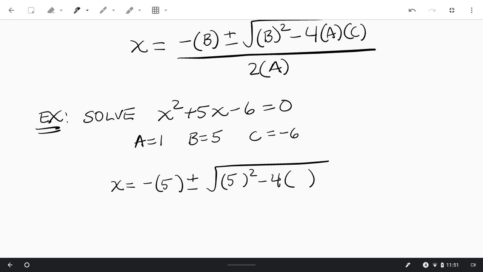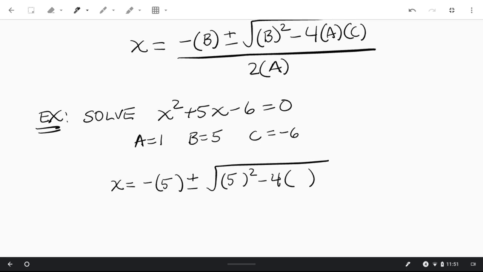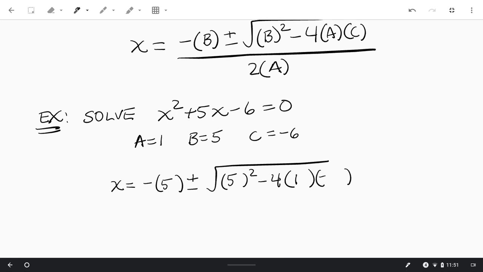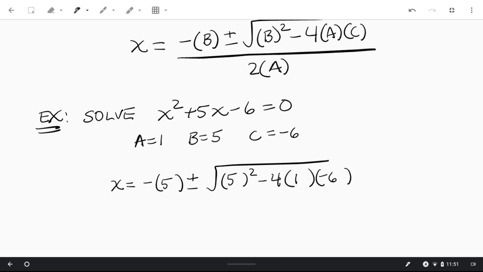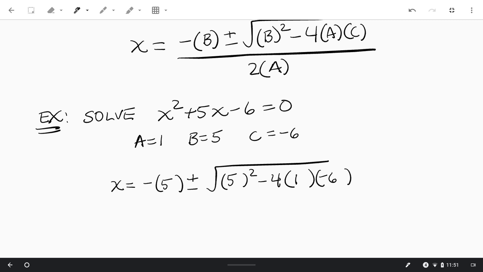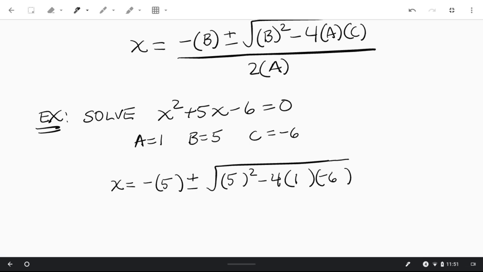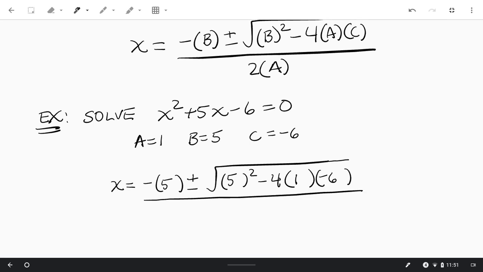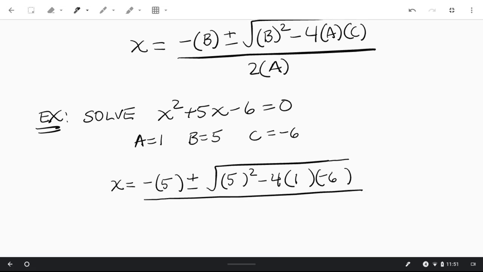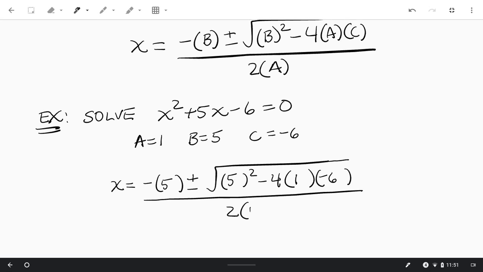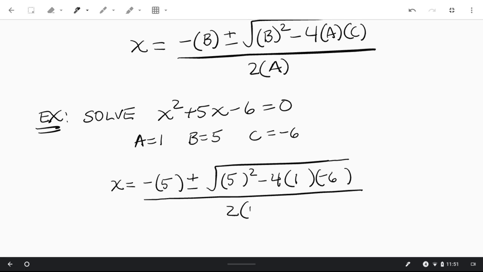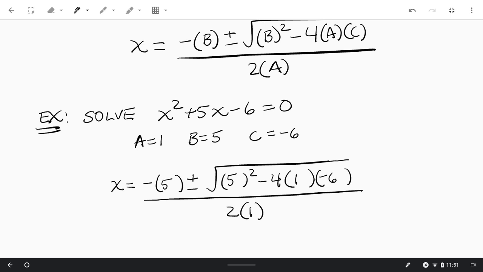What's a? a is 1, times c, which is negative 6. All over 2 times a, which is 1. So that's plugging all of the numbers into the formula.